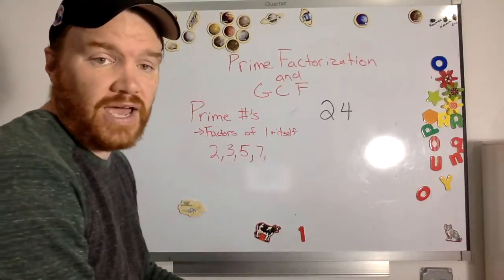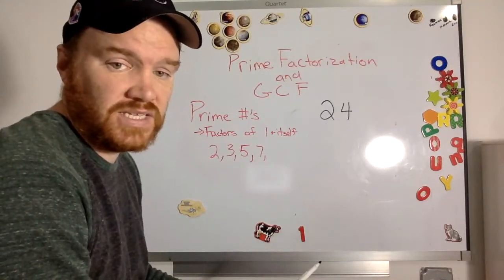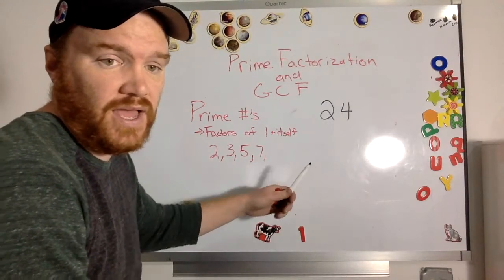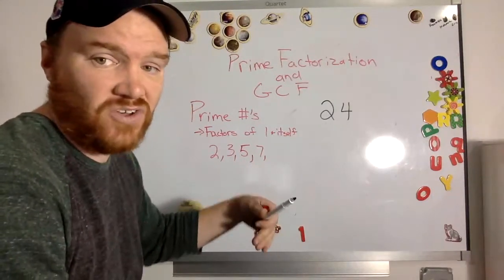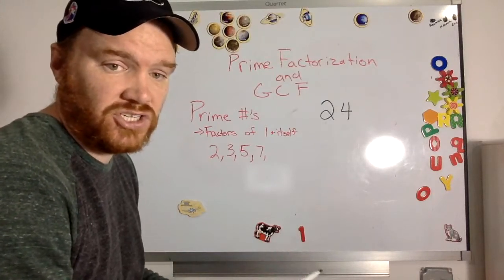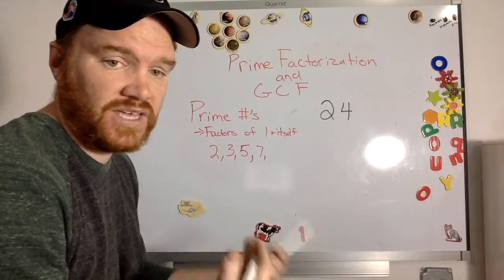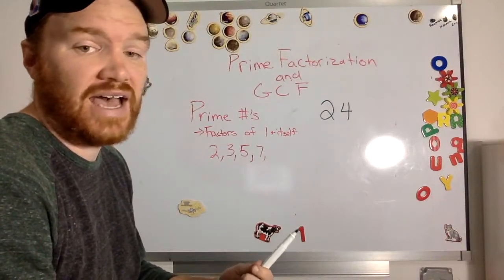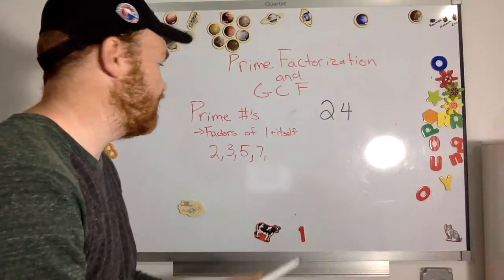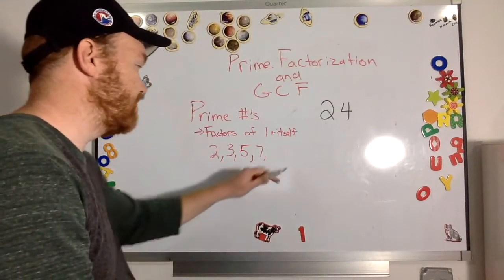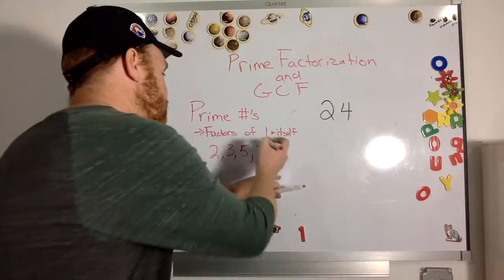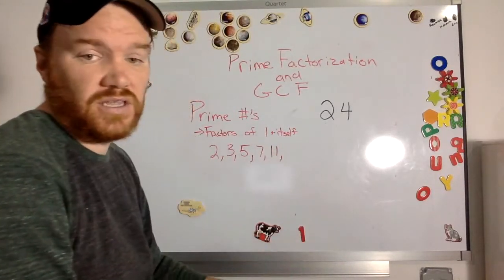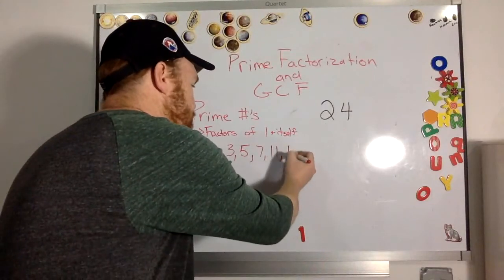9 is not prime, and I think this is one of the biggest mistakes that I see people make: they think that 9 is prime. I think it's because it's odd, and its only other factor is 3, which is also an odd number. So I think people get confused that it's odd and it has a prime number as a factor. But 9 is not prime. The next one is 11, and then 13.